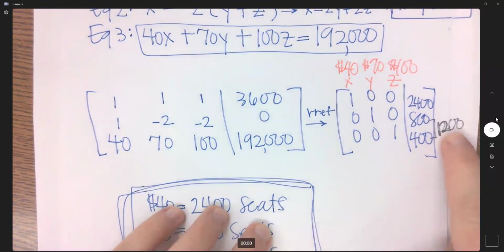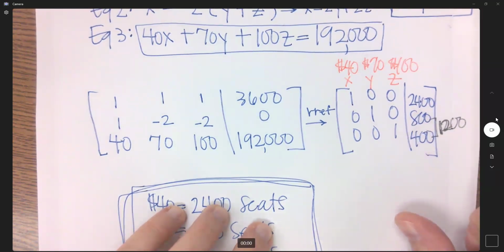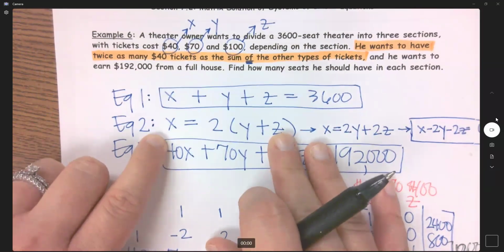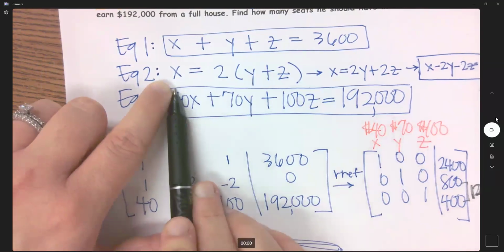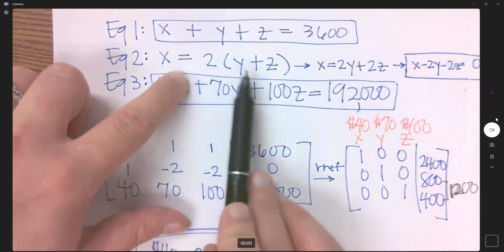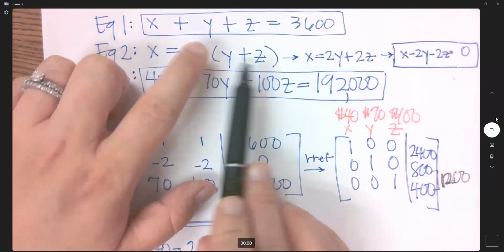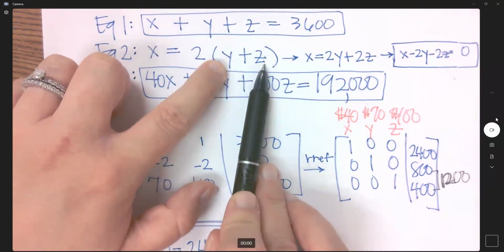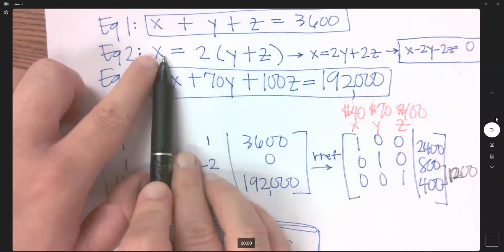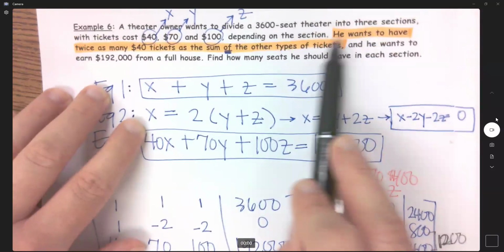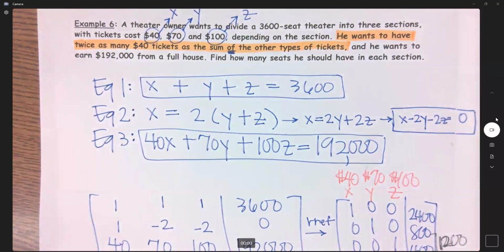And when you plug this into the equation, it makes sense. We have 2,400 equals 2 times 800 plus 400. 800 plus 400 gives me 1,200, times 2 does equal 2,400. So the equation works and it meets the requirement of that statement.